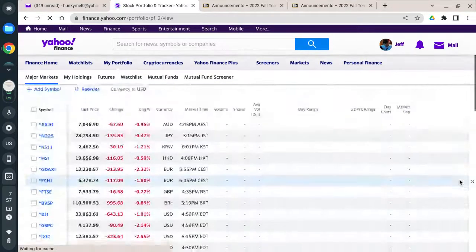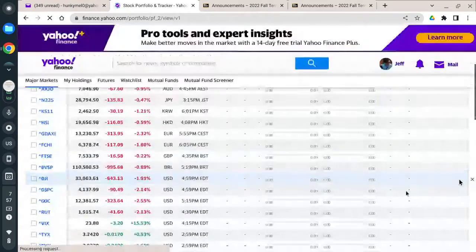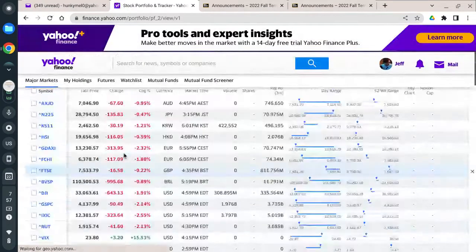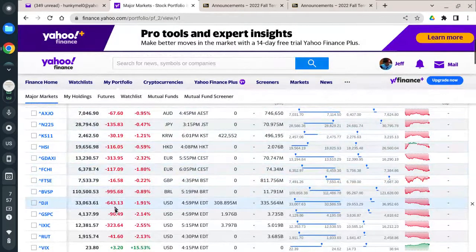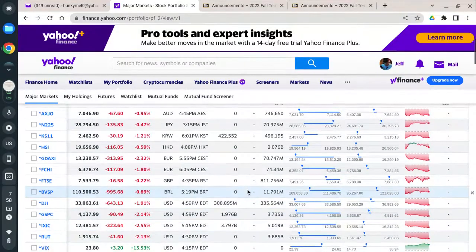So it wasn't very good today, right? But there are some. Asian markets and European markets, US market, wow. NASDAQ 2.55, this is bad.